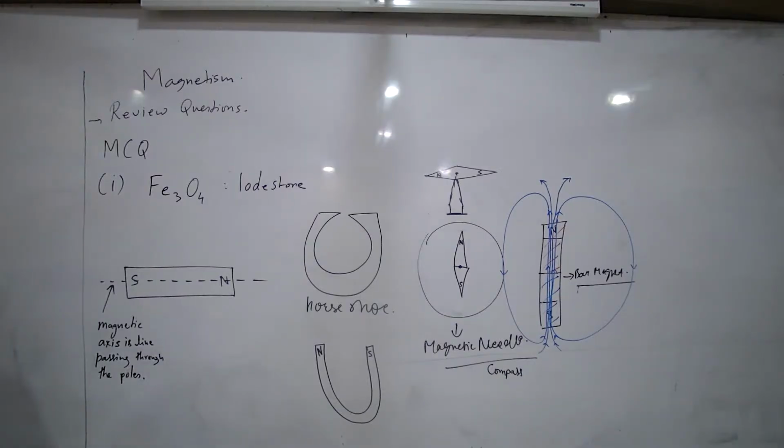Okay, next. State one use of a magnetic compass. So it's repetitive, we'll skip that. What is one use of a magnetic compass? To find directions. Yes, sailors use it for navigation.